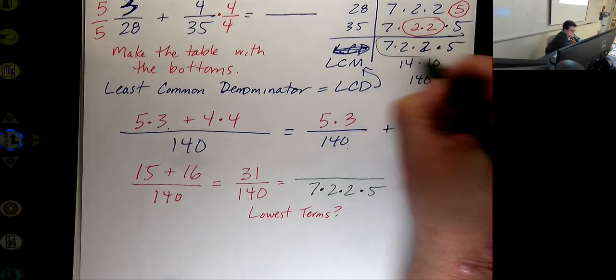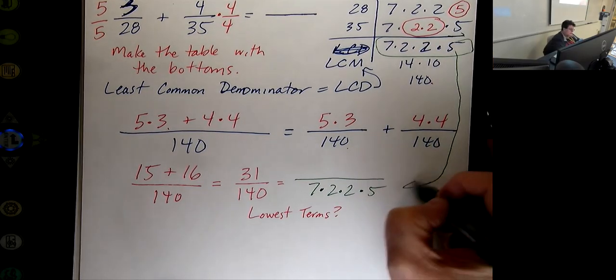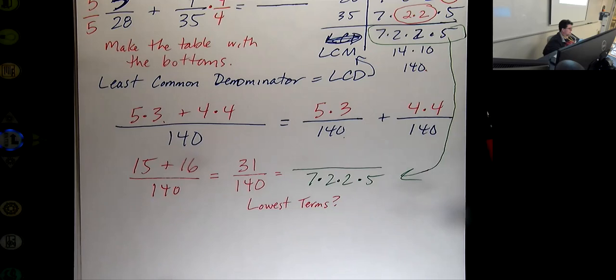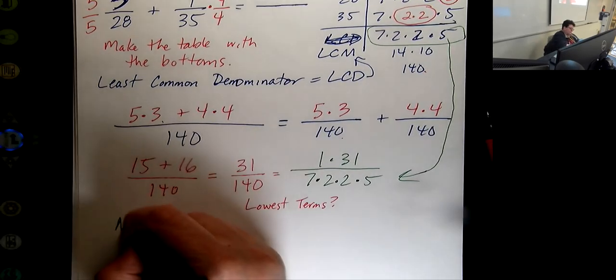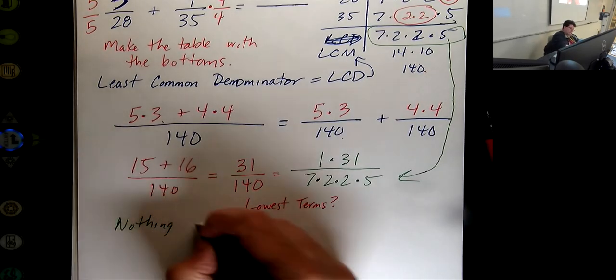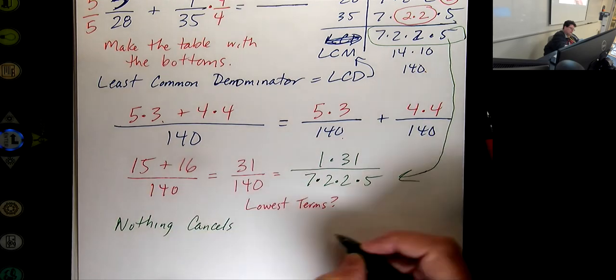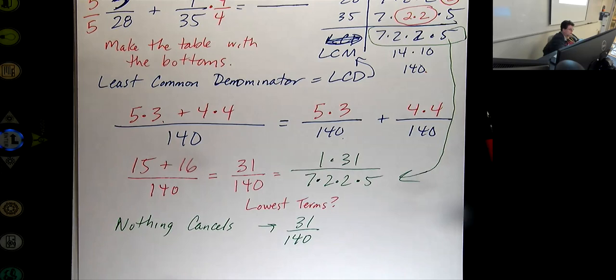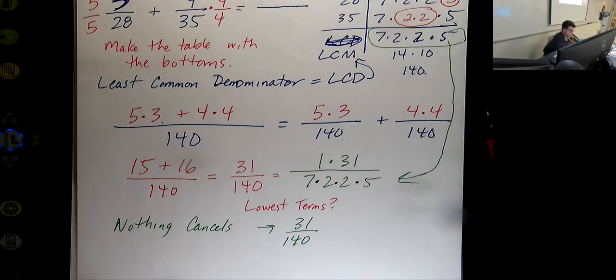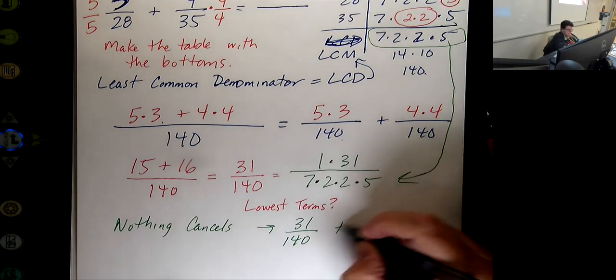Don't refactor it. Just pull that down. What multiplies together to make 31? Nothing. Just 1 and 31. So nothing cancels out. So 31 over 140, or 31 140ths, is the lowest term.